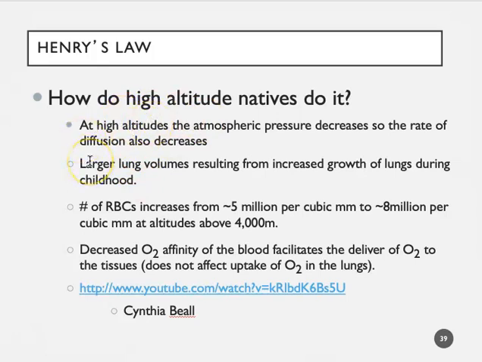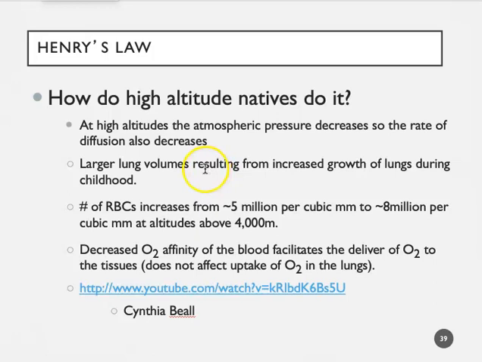Some of these people, we're talking Peru, Inca, folks like that. There are some high level natives in Ethiopia. There's some in Nepal, right by the base of Everest. All of these people who've lived there for many generations have certain adaptations.